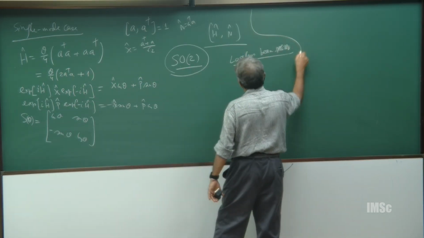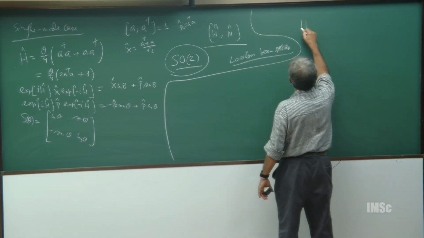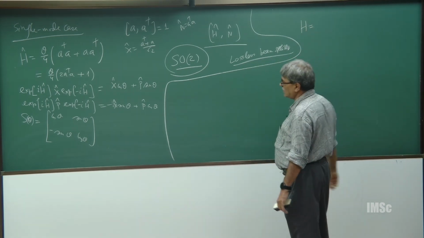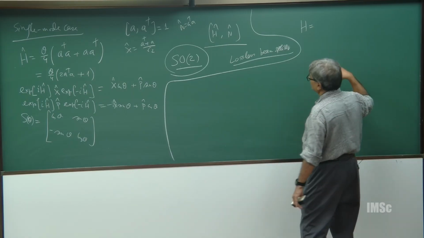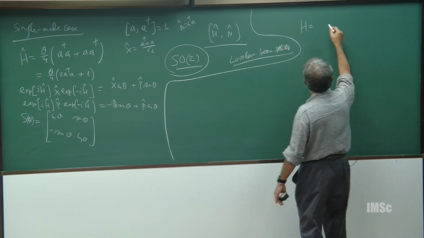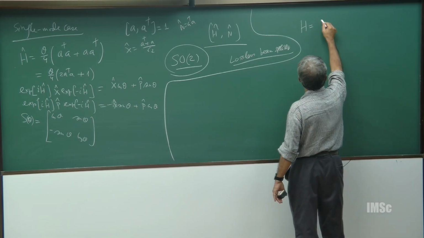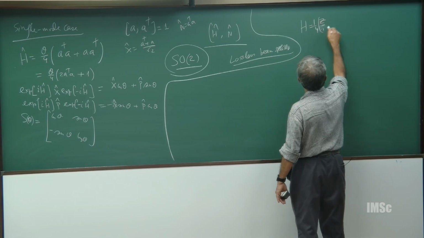The other one is this thing, let me call it, maybe, z by 4. See, 1 by 4 I will take outside.